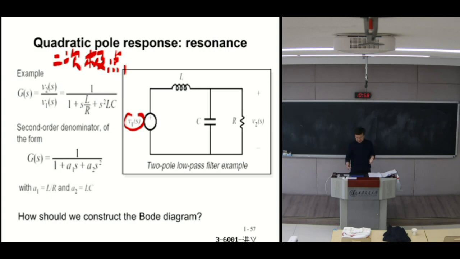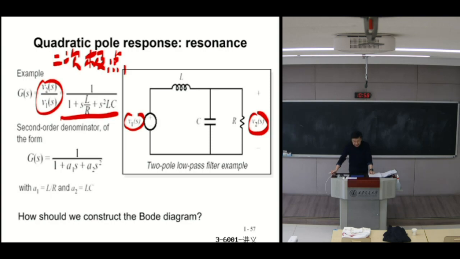And if you look at the voltage response across the resistor, V sub 2, we know V2 over V1, or the transfer function from V1 to V2, can be represented by this polynomial transfer function of 1 over 1 plus sL over R plus s squared multiplied by LC.